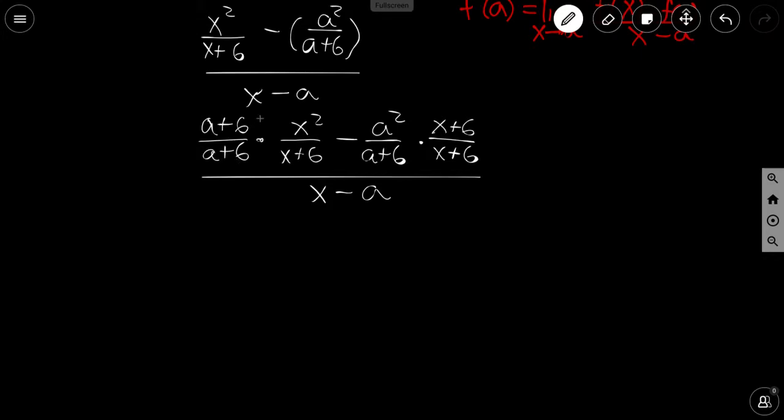Once you multiply it out, you're going to get ax squared plus 6x squared minus xa squared plus 6a squared. I'll go ahead and rewrite that actually.